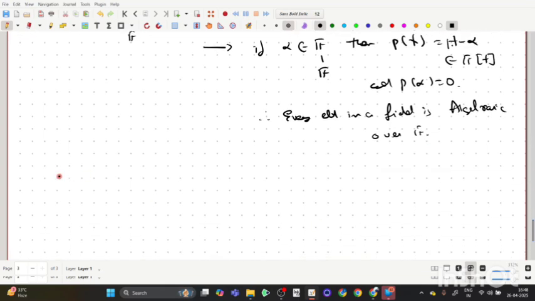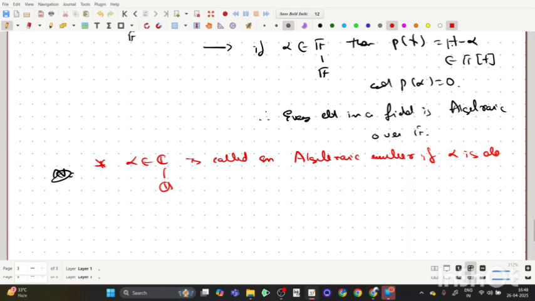Got it? Now, another remarked definition which is more well known: alpha in C over Q is called an algebraic number if alpha is algebraic over Q. This is a more conventional thing which came first. So algebraic elements in complex numbers treated as an extension of Q are basically called algebraic numbers, and otherwise a transcendental number.